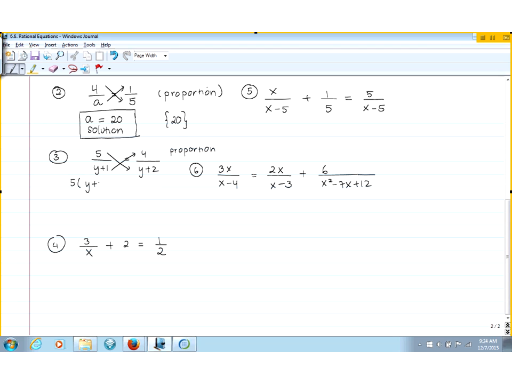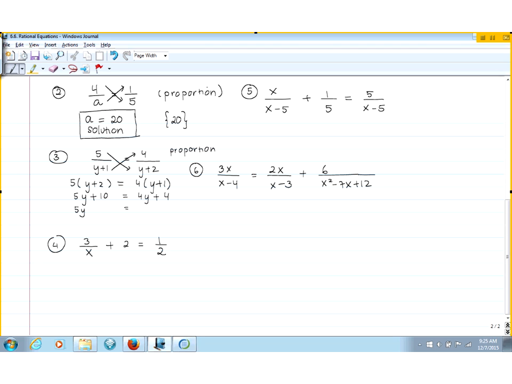Or we could cross multiply, so 5 times y plus 2 is equal to 4 times y plus 1. So 5y plus 10 is equal to 4y plus 4, right?